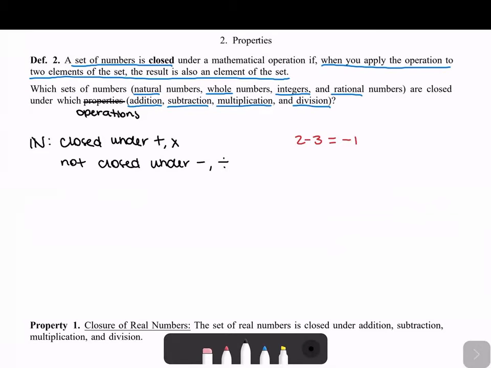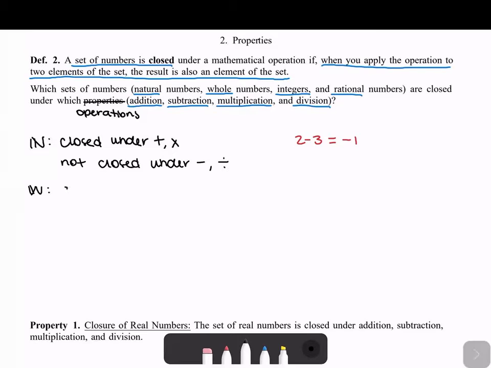Okay, so similarly with the whole numbers, just like natural numbers, if we add any of our natural numbers, we're closed. The only other thing that gets added to the whole numbers is 0. But we know that 0 plus any number is just that number, right? Because 0 is our additive identity.